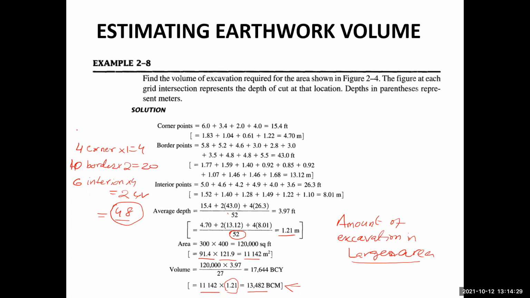We need to find the corner points, the border points, and the interior points. Each interior point will be multiplied by 4, each border point will be multiplied by 2, and each corner point will be multiplied by 1. The sum will be like that. In this way, you will estimate the earthwork volume.